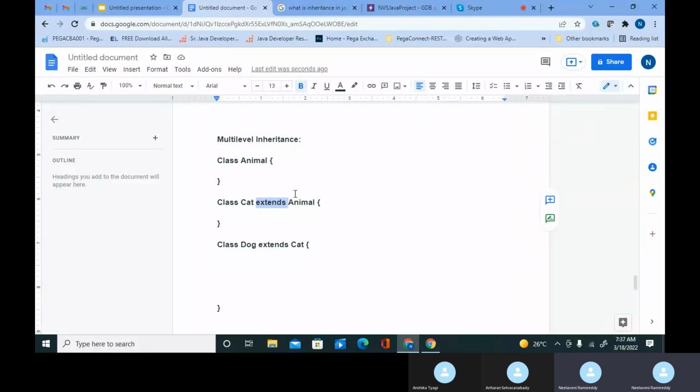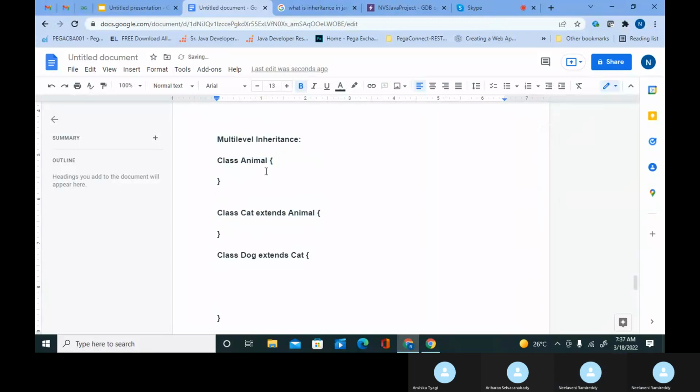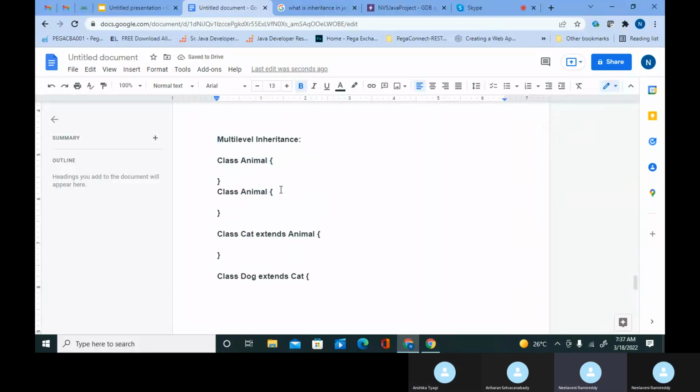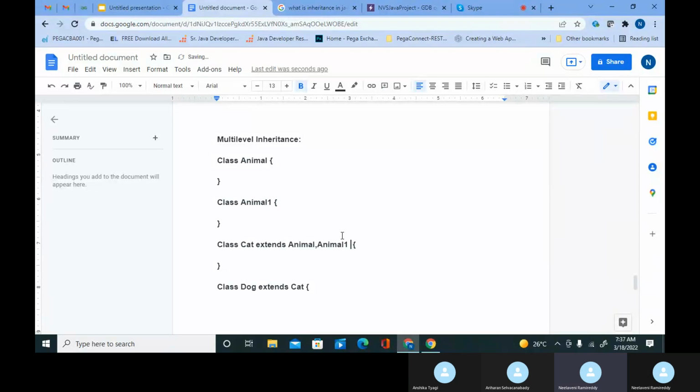Here multi-level inheritance is possible, but multiple inheritance is not possible. You can't extend here. See, here I extended this animal alone, one class only. If, for example, I have one more parent class, so I have two parent classes now, I can't do that.